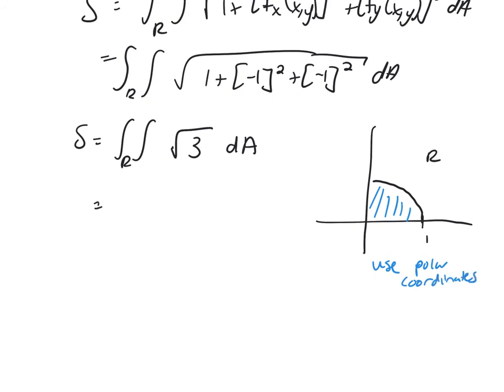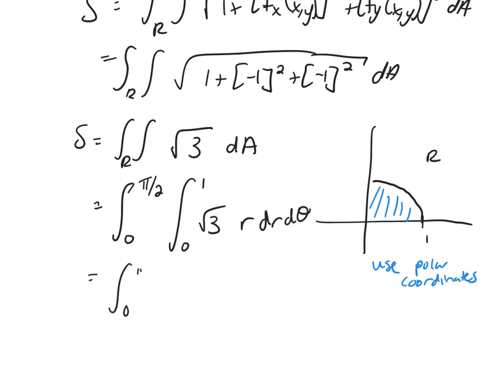Theta goes between 0 and pi over 2. R goes from 0 to 1. It's square root of 3. And then anytime you change into polar, you get an r dr d theta. So this is the square root of 3, r squared over 2 from 0 to 1.